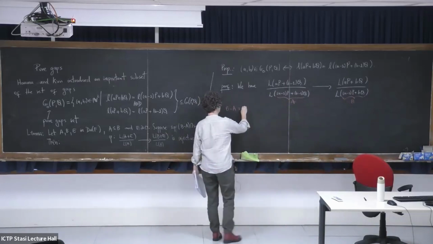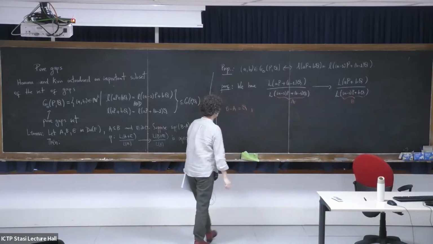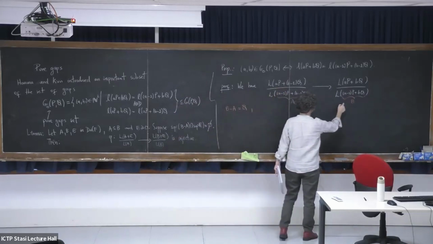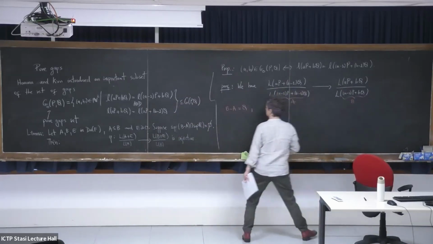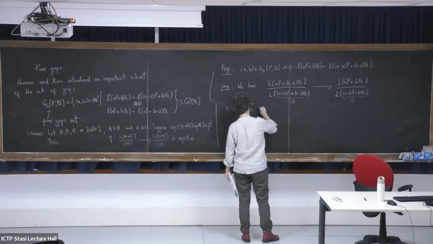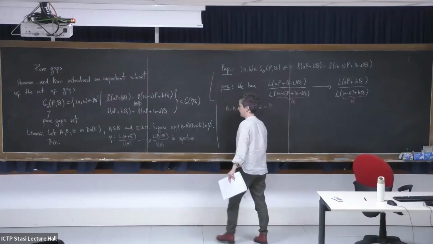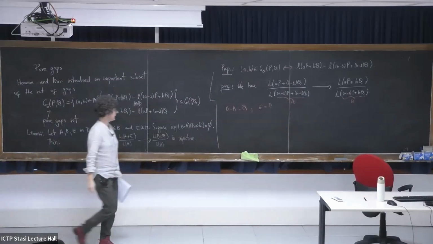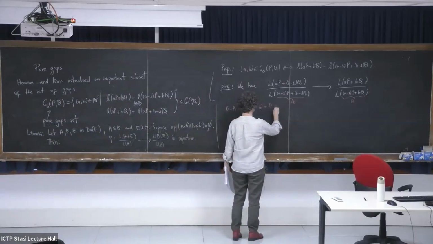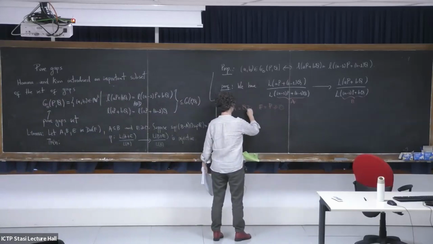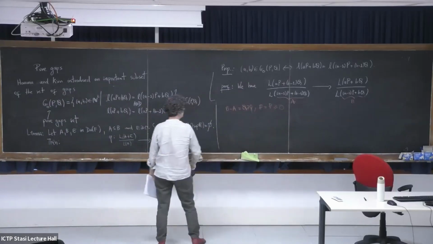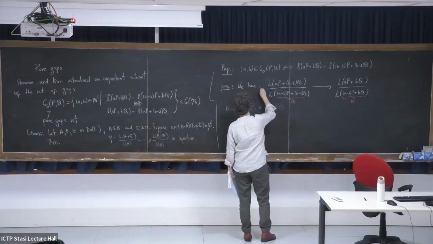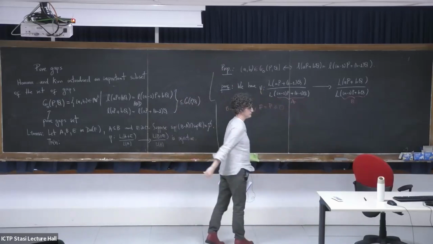You have just Q. And what you have done to get this one, you have added P. So we have B minus A equal to this, and we have E equal to P, as in the lemma we just proved, okay? And so, yeah, this is a positive divisor. This is also a positive divisor, so we can apply the lemma. So I know that this function here is injective, okay?